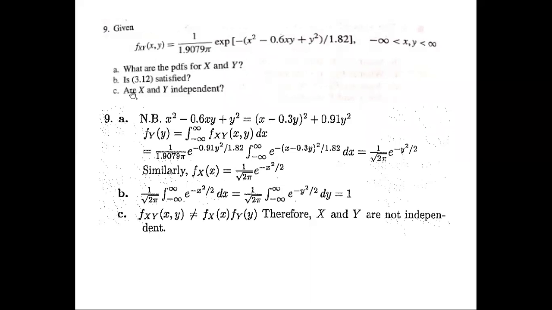The second part: is 3.12 satisfied? If you integrate this over the whole limit, whether it is this or this, both will turn out to be 1. That means the total probability should be equal to 1.